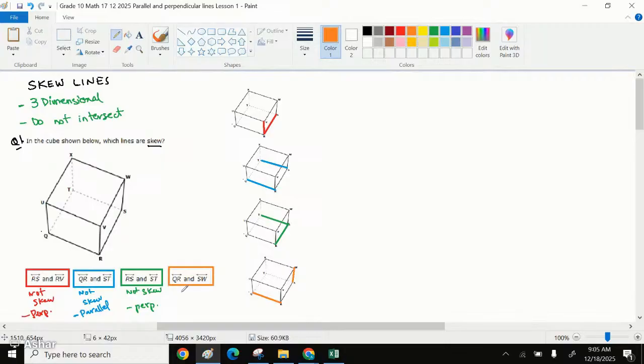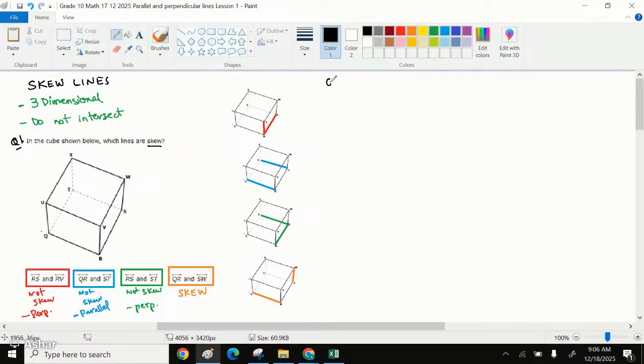So these lines are skew lines. So we can always look in the diagram, study the question, and see which 2 lines would not be intersecting at any cost. Okay, let's look at another example.